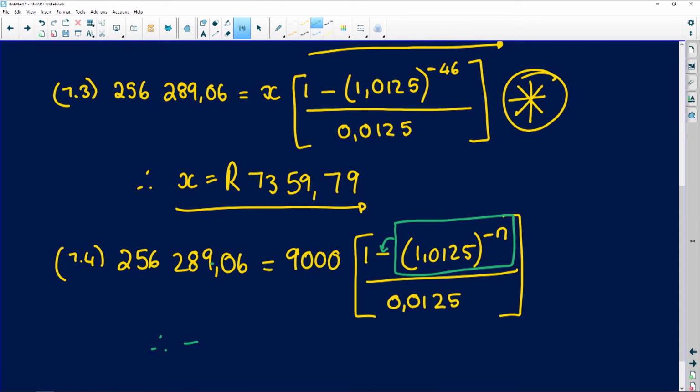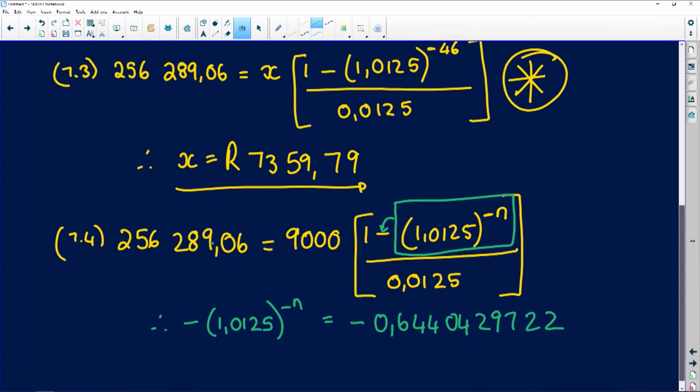That brings me to minus 1.0125 to the minus n, which is equal to minus 0.6440429722. Remember, you never round off. You keep all those decimals on your calculator screen, because if you round it off to 2 or 3 decimals, your period is going to change significantly.